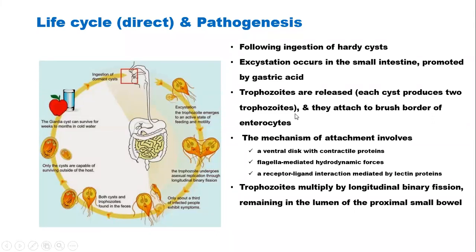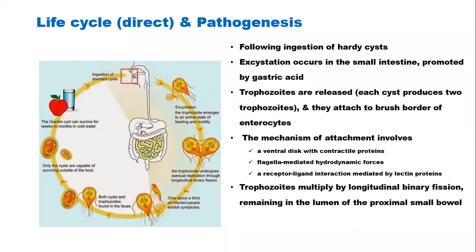Each cyst produces two trophozoites, and immediately they are liberated, they attach to the brush border of the enterocyte, and different mechanisms have been proposed to explain this attachment. These include the fact that the organism has a disc with contractile proteins with which it latches on to the brush border surface of the enterocyte.